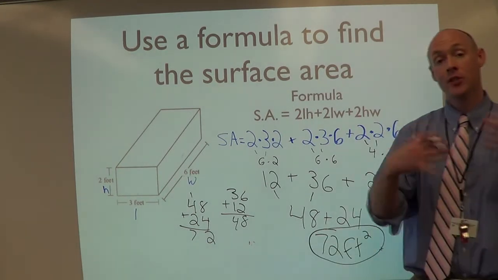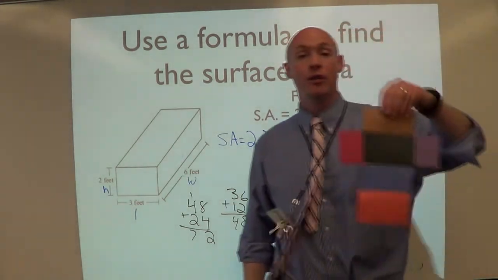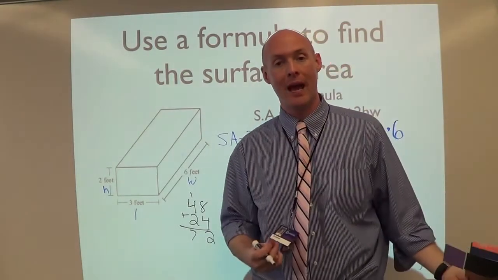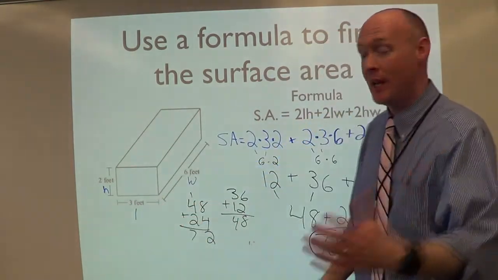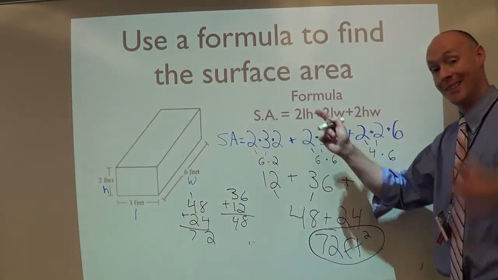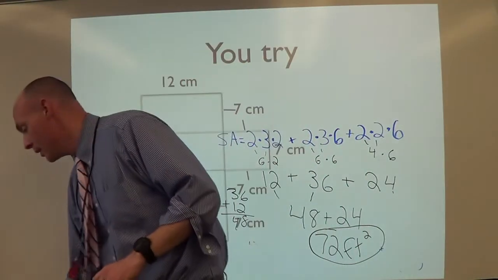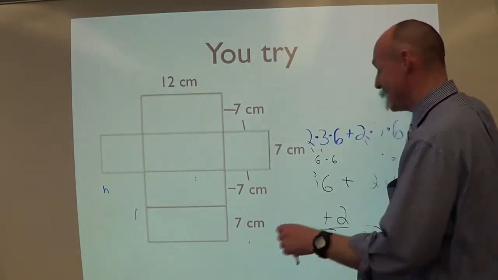Okay, so that's how you do it. With the net, you just find the area of each of the shapes, boom, add them up. If you're given a rectangular prism here, use this formula. It works every time. I give you 2 examples to try on your own. The first one here is the net style.